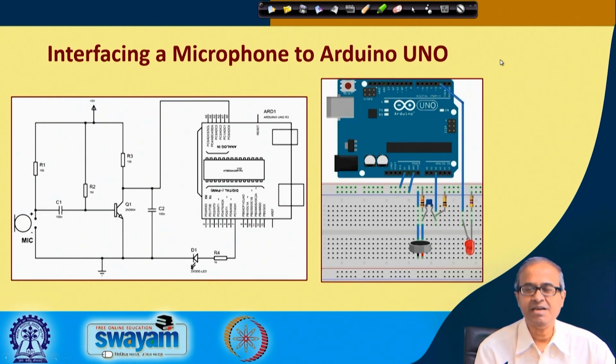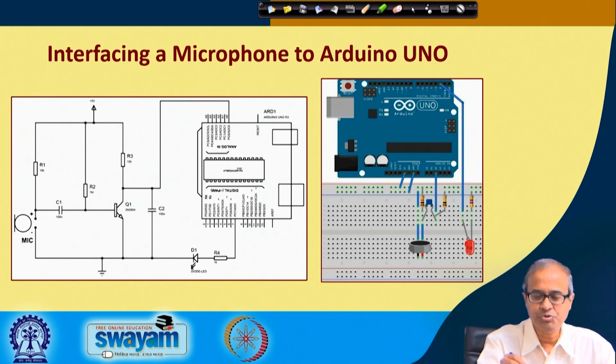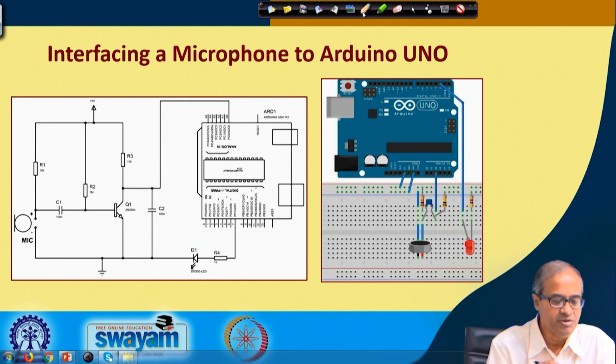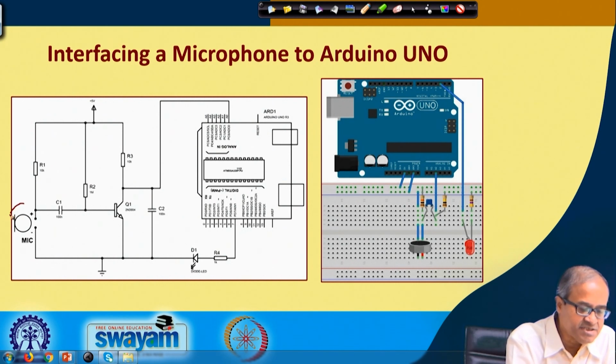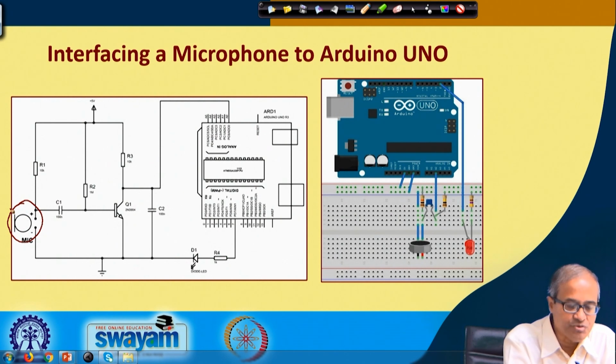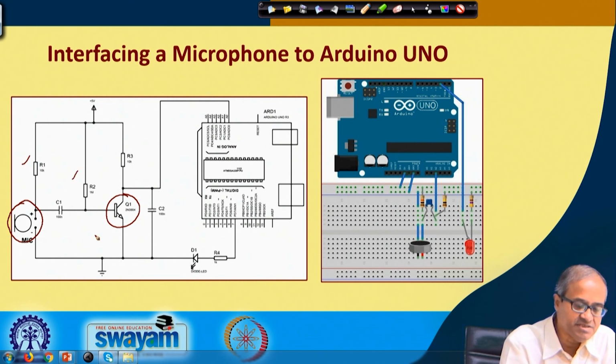Now, interfacing is also not quite difficult. I am showing a typical interface, there can be simpler ways of doing it also. You see here, this is the symbolic diagram of a microphone. Here I am showing you a transistor level amplifier which consists of some resistances and some capacitances.